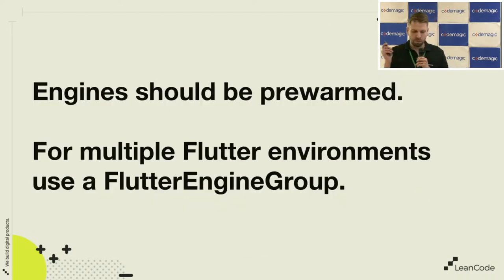And generally with Flutter engines, there are some principles that you need to follow. As I've said before, you need to pre-warm the engine, because if you wouldn't, you would see a blank screen for a moment, and it would be a very bad user experience. If you have multiple Flutter engines, you can use an optimization, Flutter engine group, which reuses resources between multiple Flutter engines. This is something that has been added, I think, 2 years ago or something.